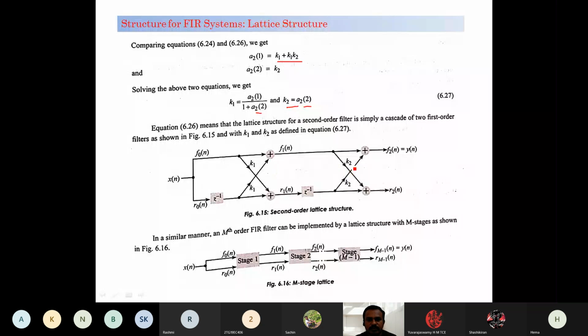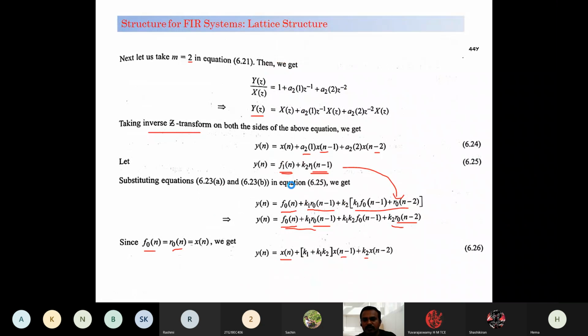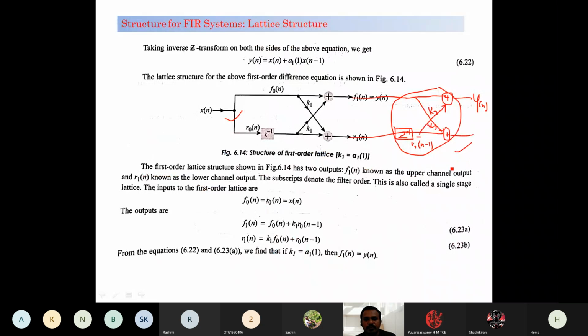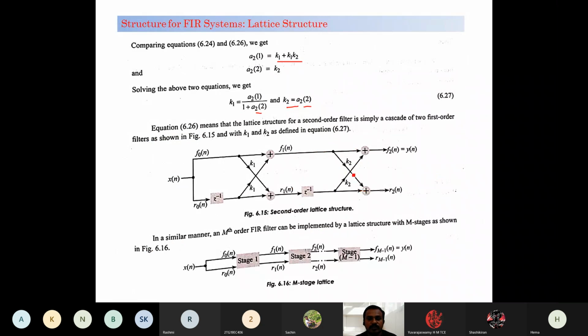So k1 and k2 are representing the original coefficients from the input signal. Okay. So as we discussed here, this diagram we have drawn with the help of this. So how to calculate the coefficient value based on these equations. So k1 is nothing but a1 of 1. What is k2? Okay, for first order it is k1.